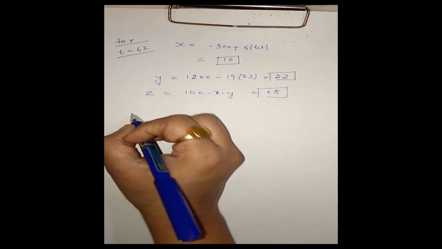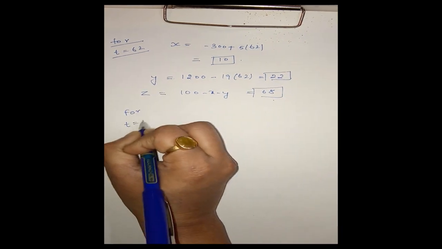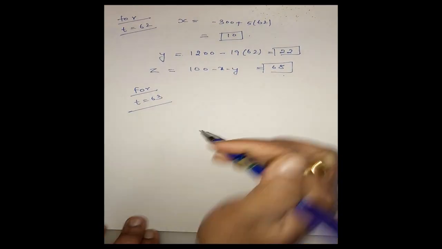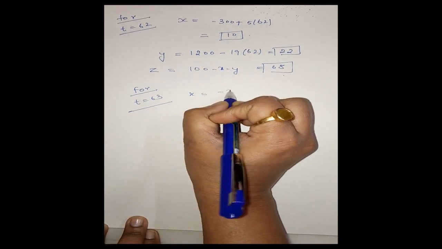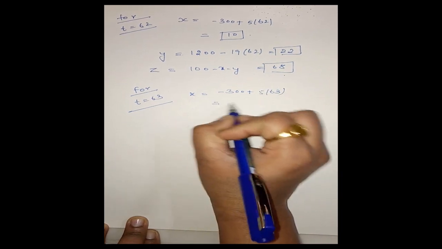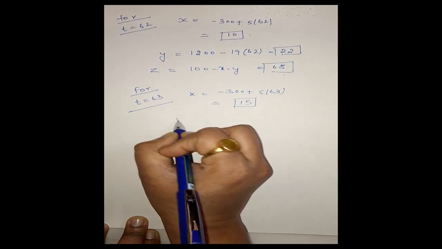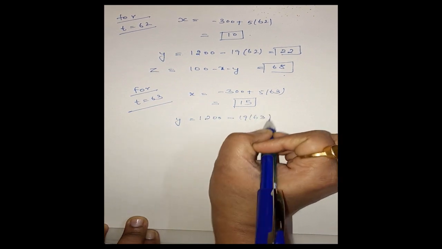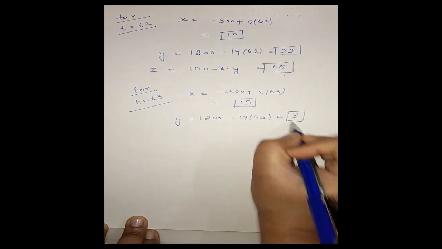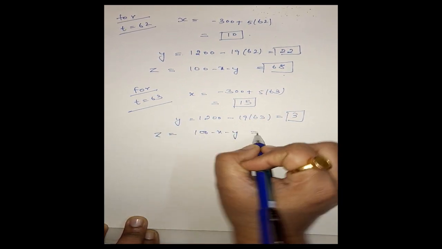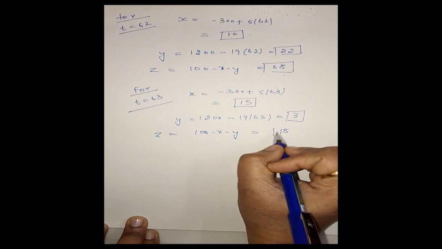And in the same way, for t is equal to 63, we have x is equal to minus 300 plus 5 into 63. That will give us 15. And y is 1200 minus 19 into 63. That will give us 3. And in the same way, z is equal to 100 minus x minus y will give us 18.